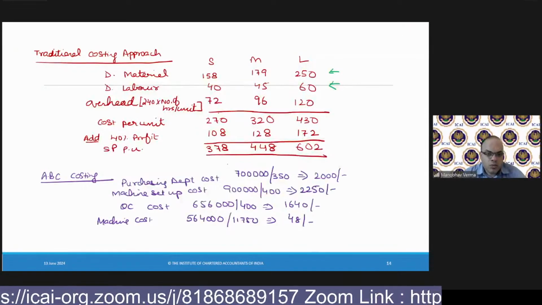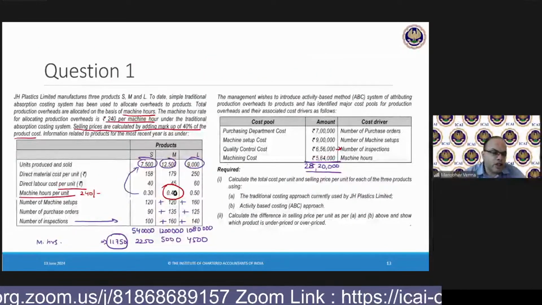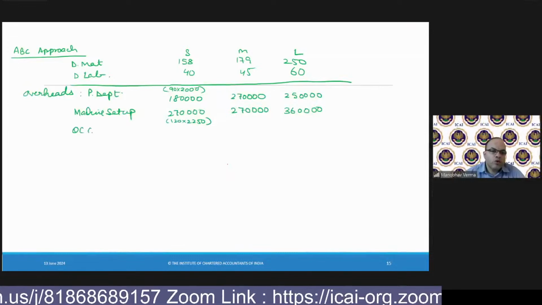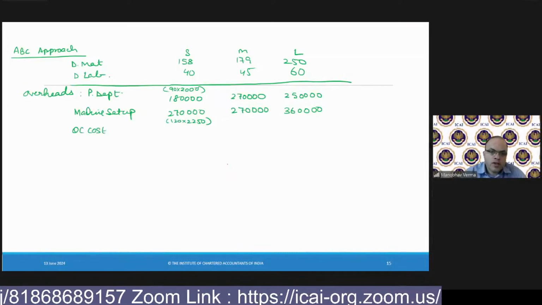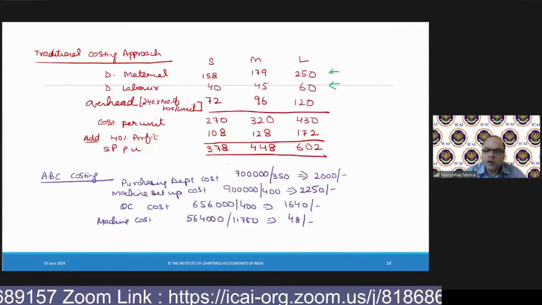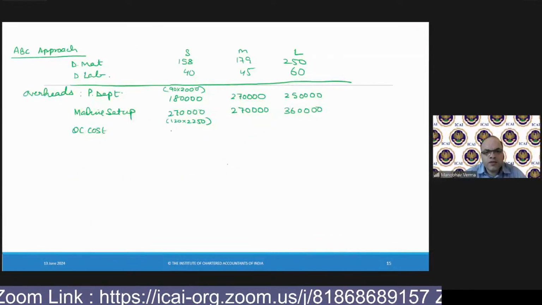Next one is QC cost, which is 1,640 per inspection. So for S, we had 100 inspections into 1,640, which means 164,000.